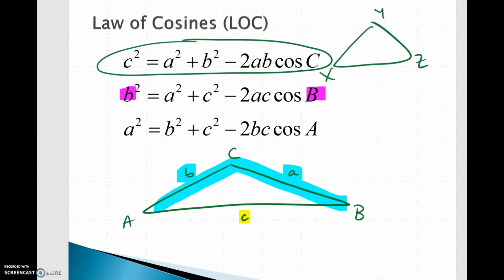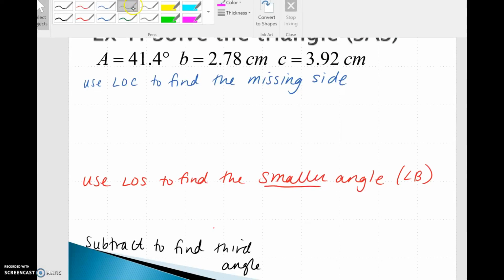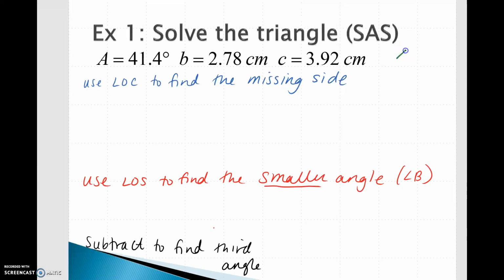Okay, sorry about that. In this first problem, we are given angle A, side B, and side C. So let's start out by drawing a quick sketch to see what we're working with. If we draw our triangle ABC, we are given angle A, side B, and side C. Notice you don't even really have to write them in, just recognizing that yes, this is in fact a side angle side scenario.